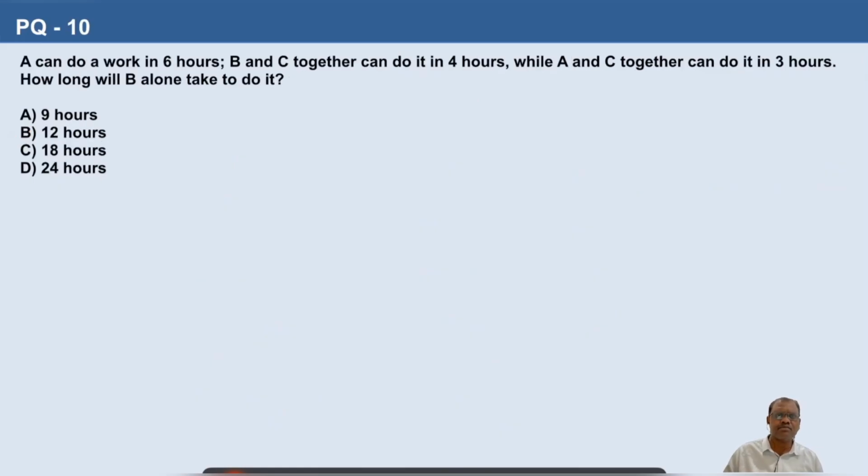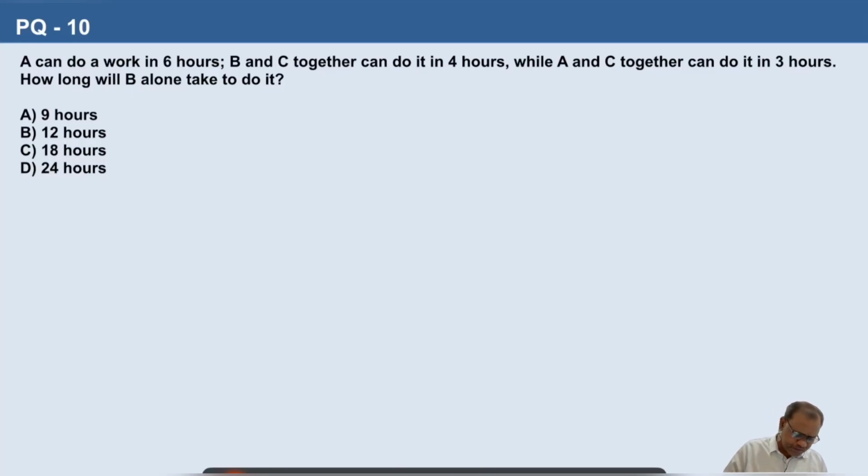Question number 10. A can do a work in 6 hours. B and C together can do it in 4 hours, while A and C together can do it in 3 hours. How long will B alone take to do it?